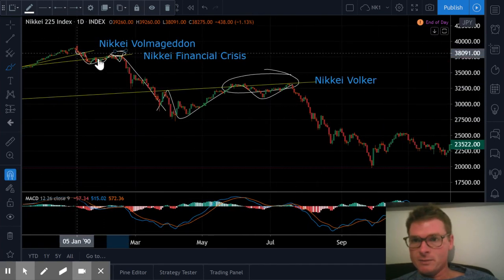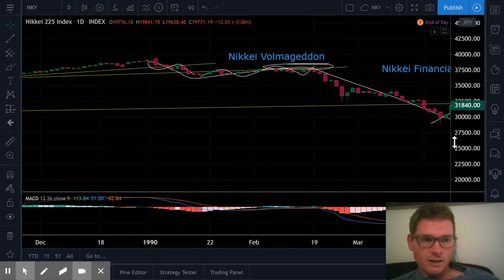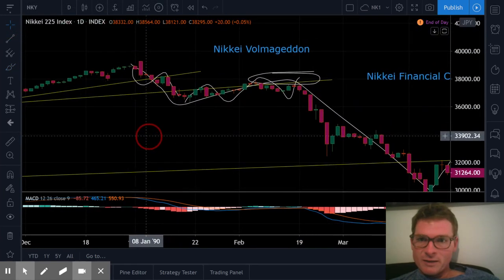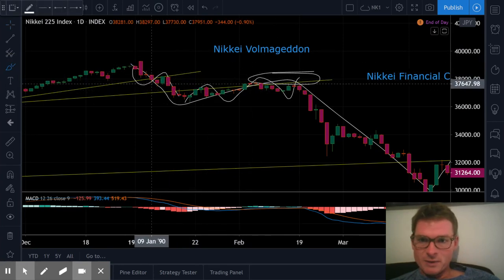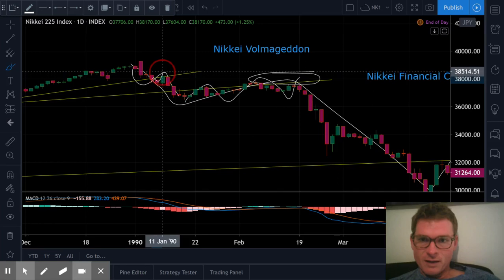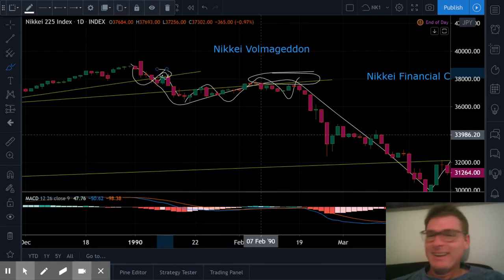If you zoom in, you can't see it because I can only get daily candlesticks on the Nikkei, but this bull trap on the Volmageddon would be similar. 1, 2, 3, 4, 5 with the double top. Just imagine it.